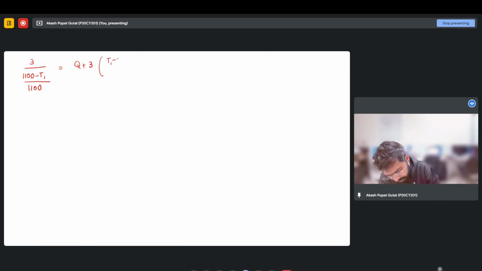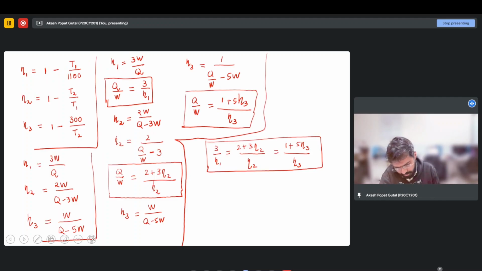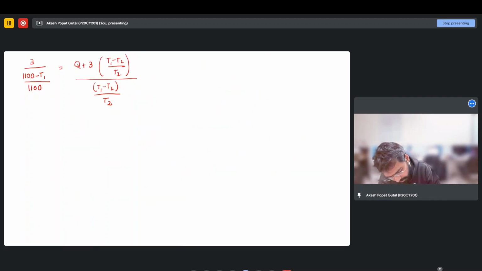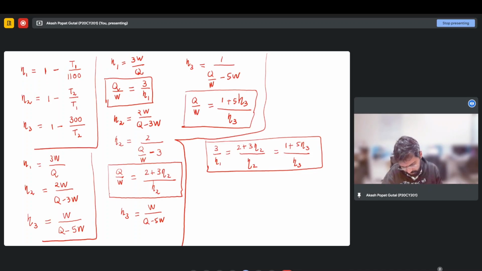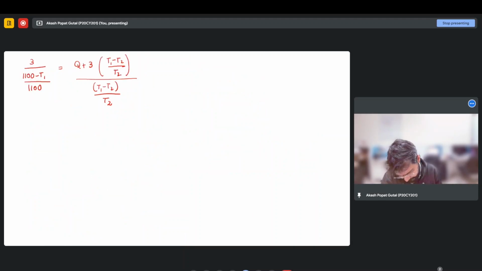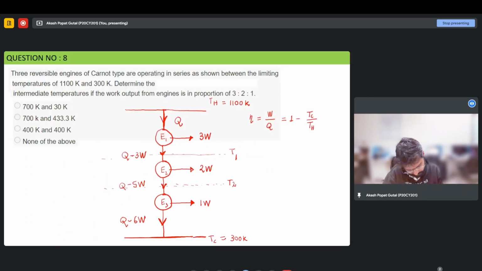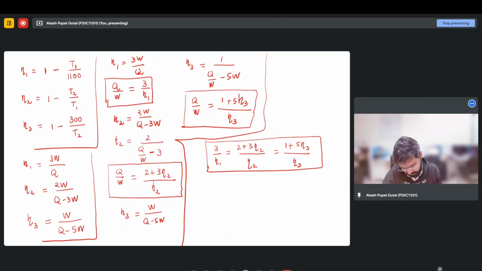So this will be T1 minus T2 by T1 divided by eta 2, which means T1 minus T2 by T2. One second. T1 minus T2 by T2. So T1 and T2 is okay. Yeah, it is right.